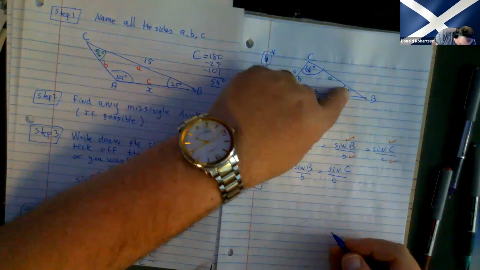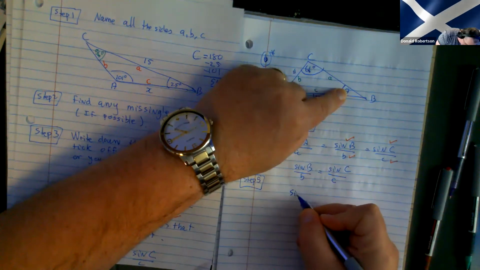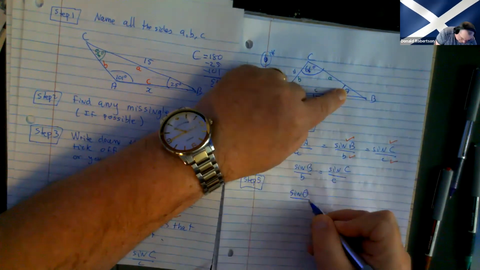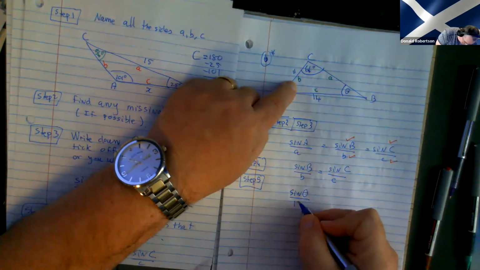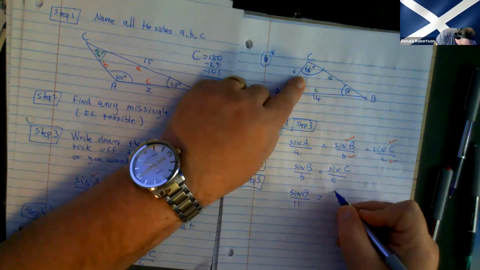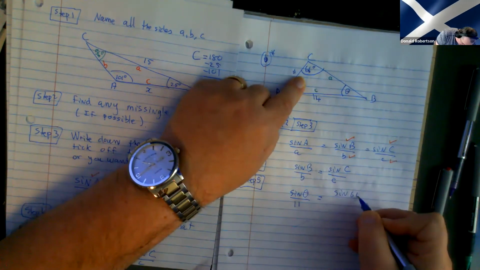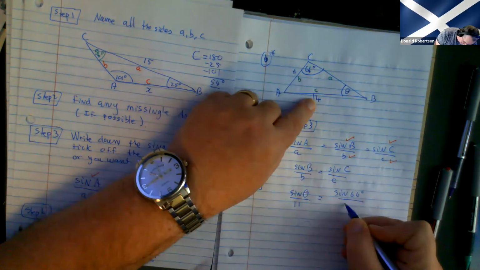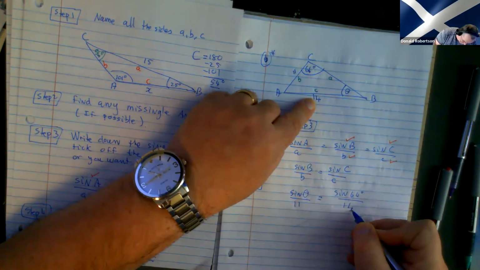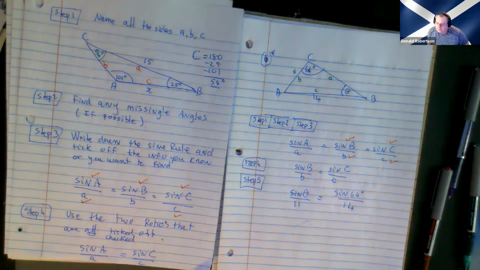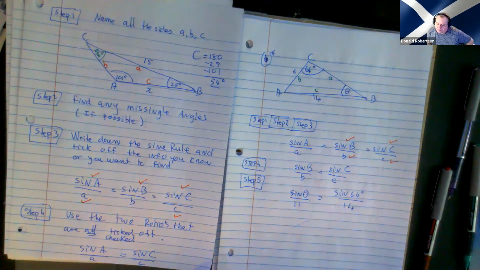Well, I want to find that guy, and I'm going to call him theta now. Sine theta over 11, and it's going to be the sine of 64 over 14. Are you comfortable with what we did here?